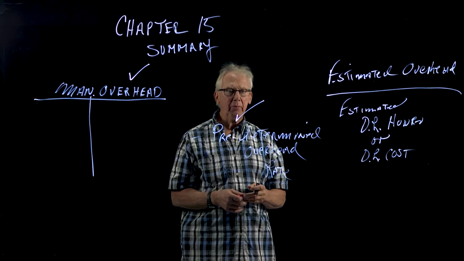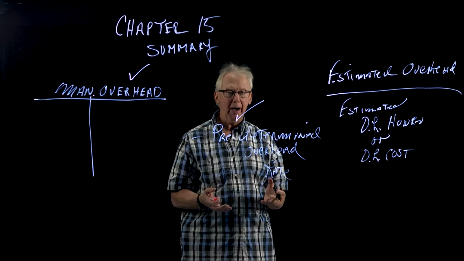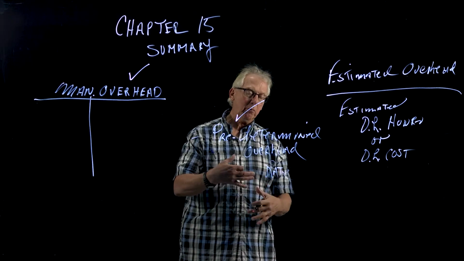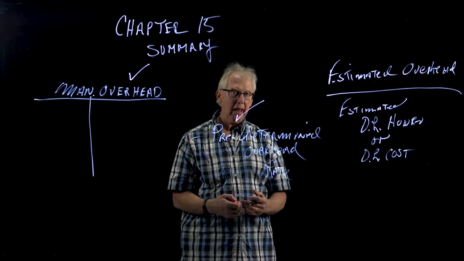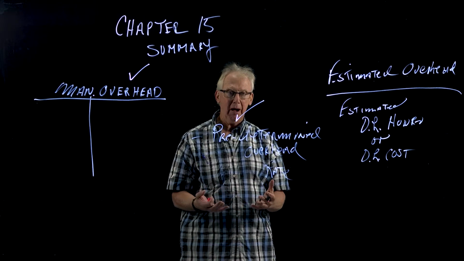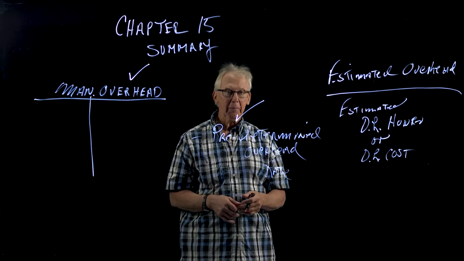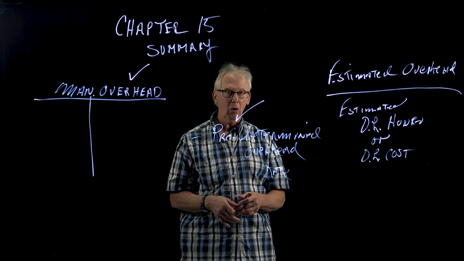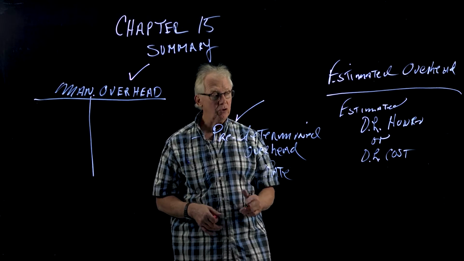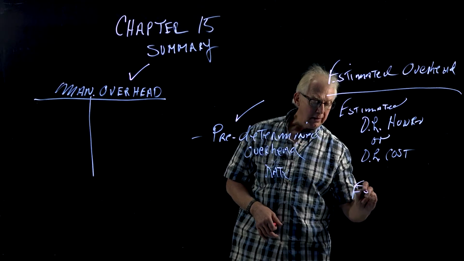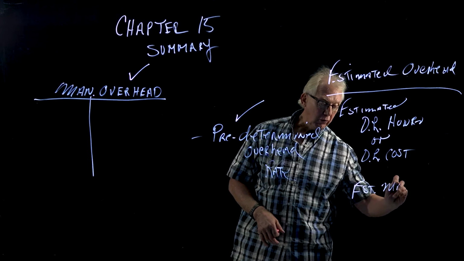Now, if we're a company that is more robotic and has more machines working, and we don't have the manpower that we used to have, we've outsourced a lot of our manpower, laid a lot of manpower off, then we will use estimated machine hours.